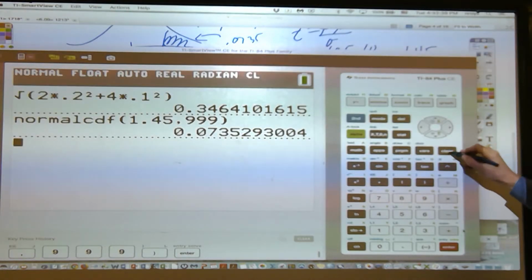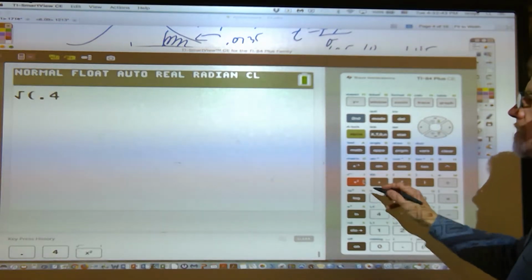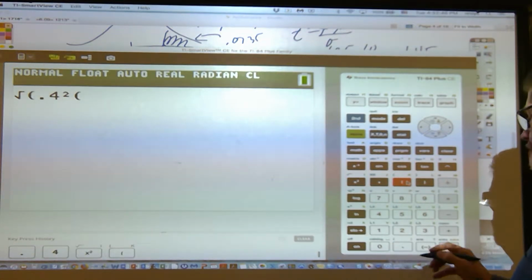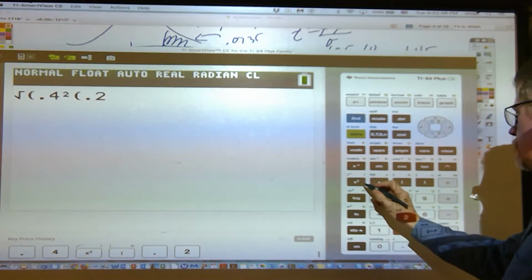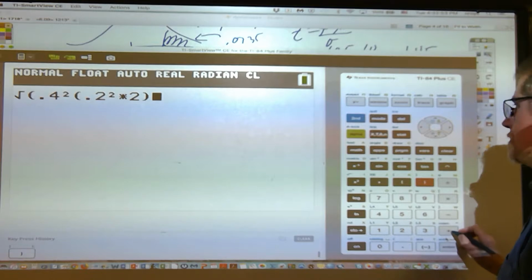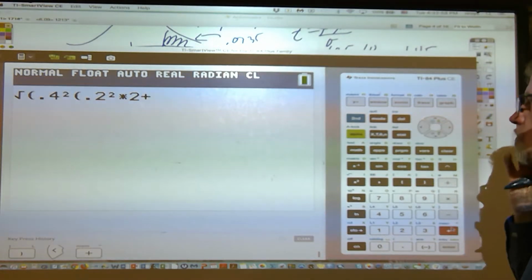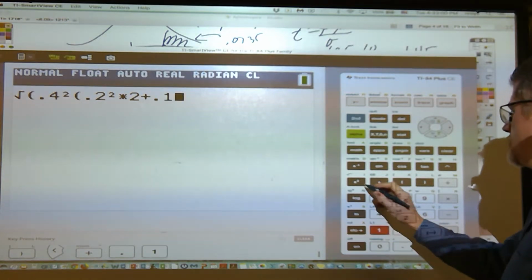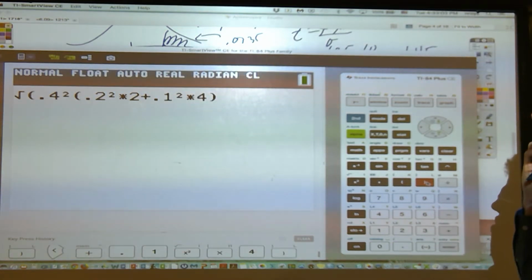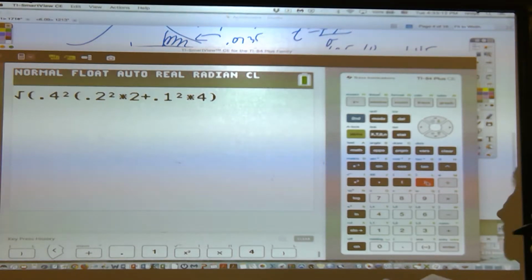So let's type in the square root of 0.4 squared times the quantity, 0.2 squared, we had 2 of those, and 0.1 squared, we had 4 of those. Okay, so that is the variances for the weights.